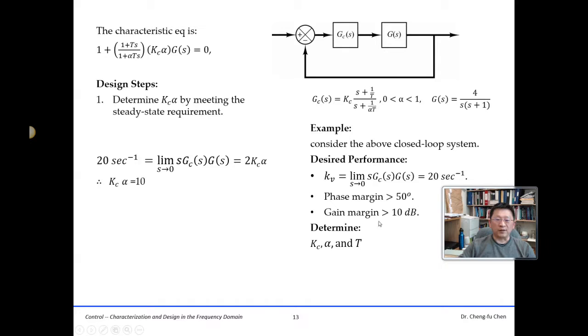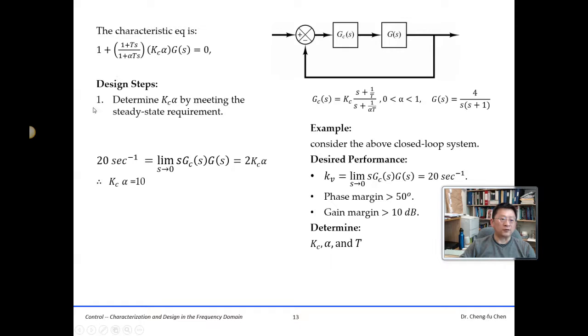The third is that the gain margin of the closed loop system is hopefully larger than 10 decibels. Based upon these three performance indices, we would like to determine the three parameters such that the controller can be determined.